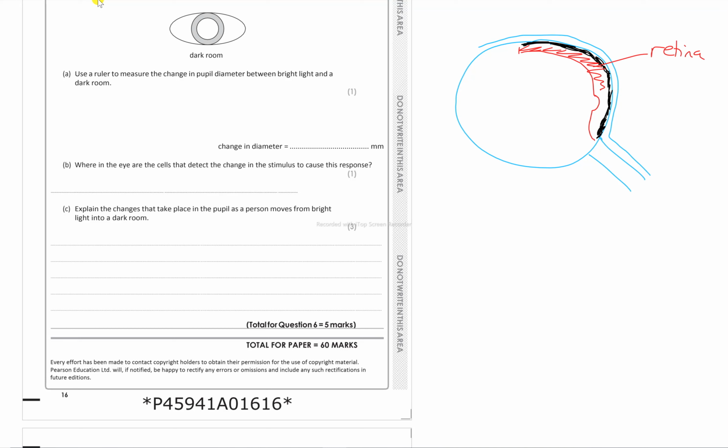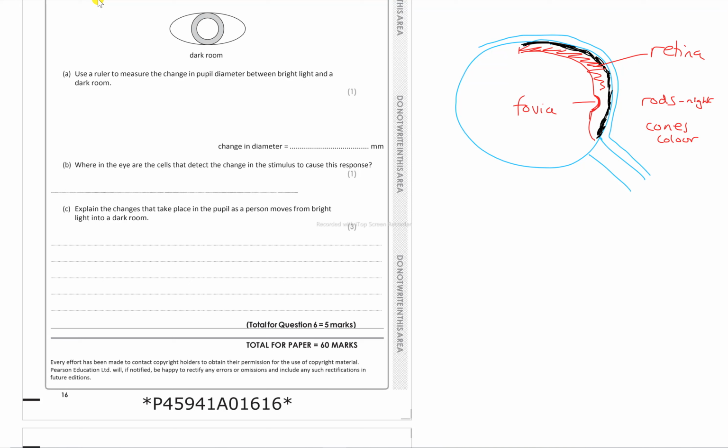This little semicircle, or this area, is called the fovea. It contains rods and cones. The cones detect color. The rods are for sharpness and can only see in black and white. So it's really good for night.